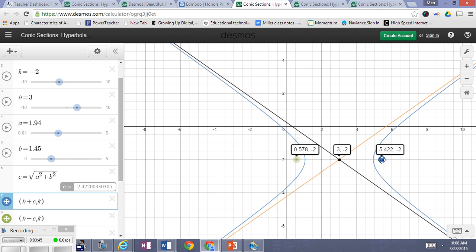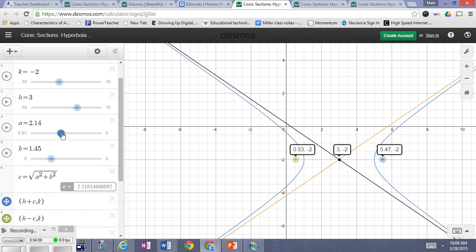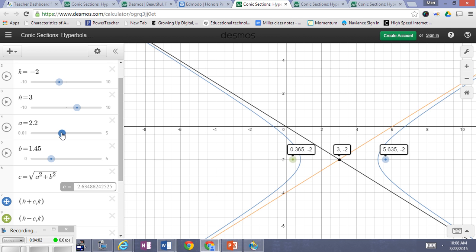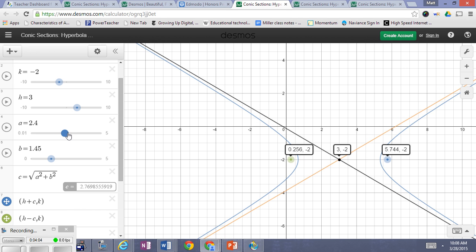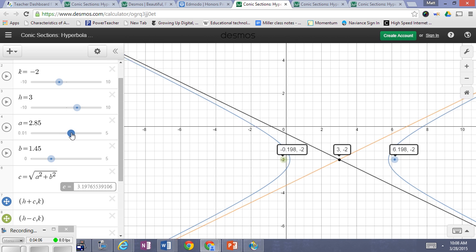And likewise here, since c is 2.44, we add that to the 3, and there we have the coordinate of the focus. Maybe changing a and b to be more convenient, like 3 and 4, we could see that a little easier.